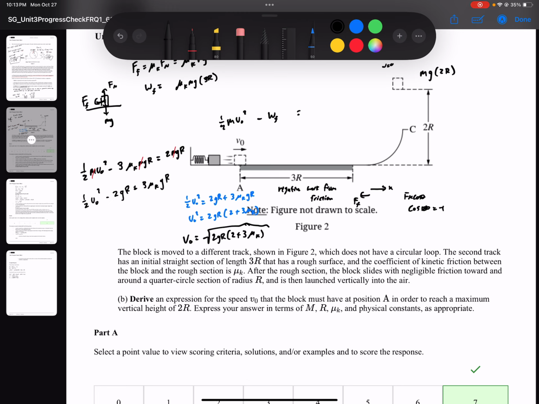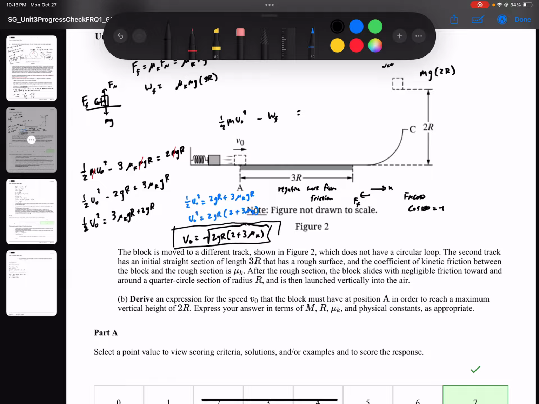It's the same algebra steps here. I thought I was solving for mu sub k. You just add the 2gr over here, and then you multiply everything by 2. It's the same idea. 3 mu sub k times gr plus 2gr, and then you can factor out. You get the same result.